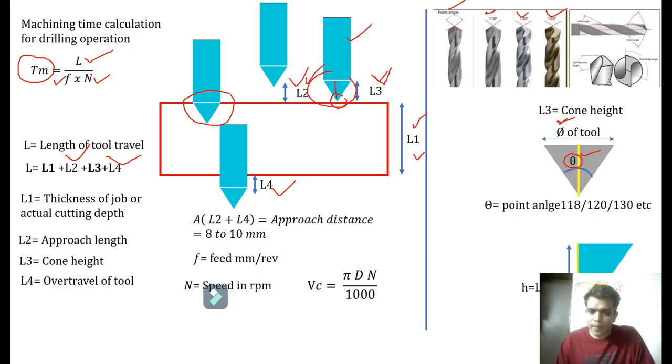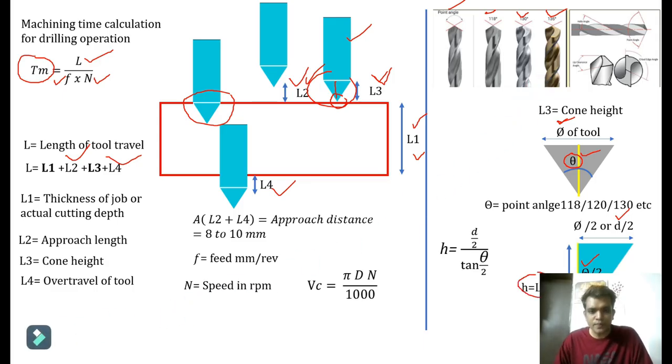You can see here, this is drill diameter d by 2, theta by 2. So this d is known to us, this theta is known to us, and this L3 or h can be easily calculated by this equation. So d is known, theta is known, we can calculate h. H is nothing but this L3. So we now have all four lengths which we can add, and we will get to know the length of tool travel, right?